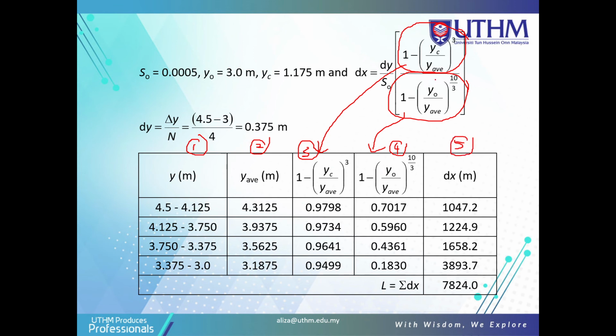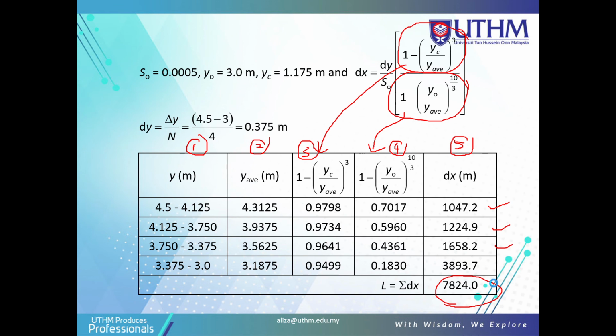Okay, so from this equation here, column 3 divided by column 4 times dy over s naught, so you get the value here. Calculate until you get, and you just add all the total here, you get 7.824 meter for this method.